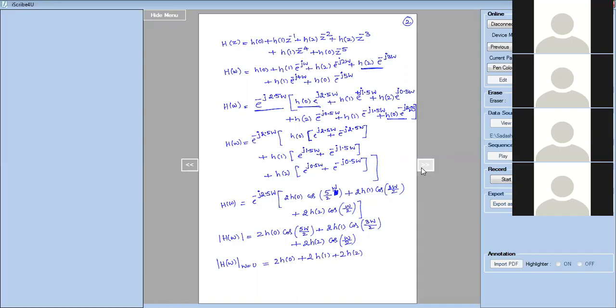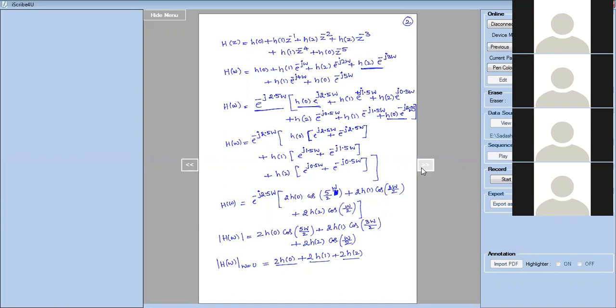Is it right? Yes, sir. Now it may be 1, it may be 0.5, it may be 0. It all depends on these values. Now I cannot say what the magnitude will be at omega equal to 0.